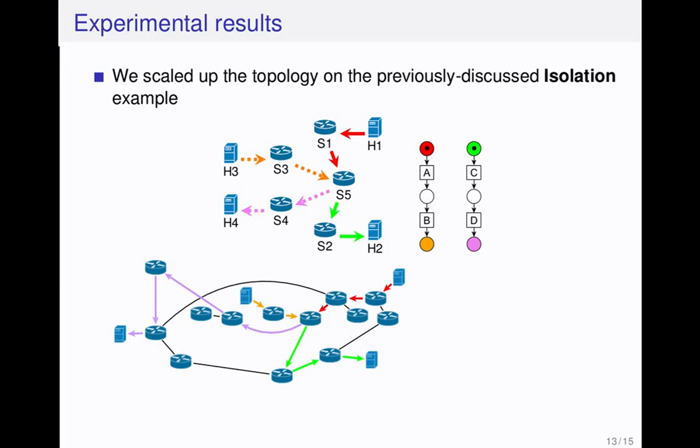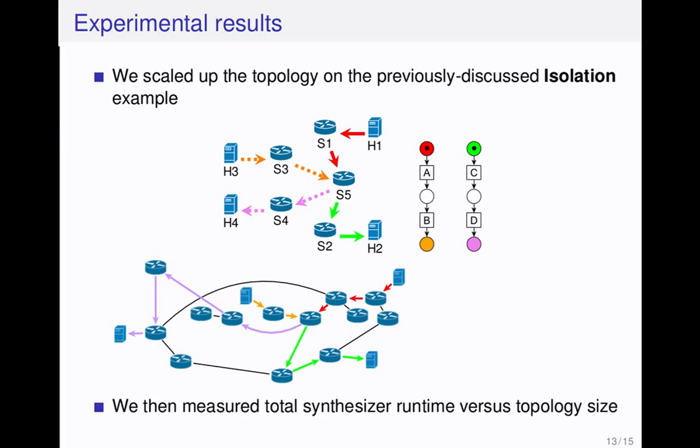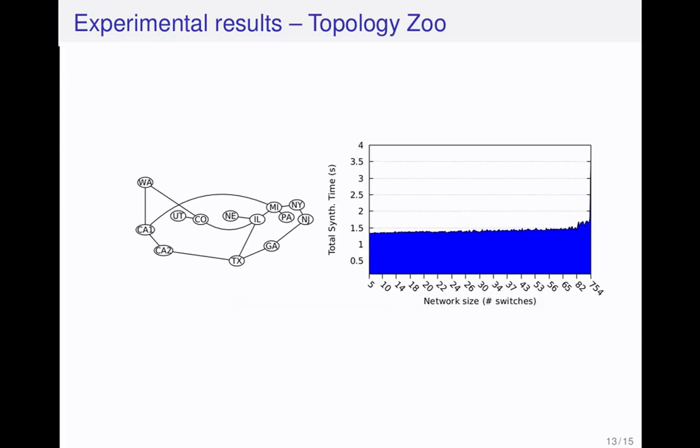Okay, so we ran several experiments, and I'll talk about one of them here, which is a scaled up version of the previously discussed isolation example. In the lower left, you see this NSF net from the topology zoo topology set. This is a wide area network of nodes across the United States. We can superimpose similar configurations on top of these larger networks corresponding to the isolation example, and then we measured total synthesizer runtime versus the size of the topology.